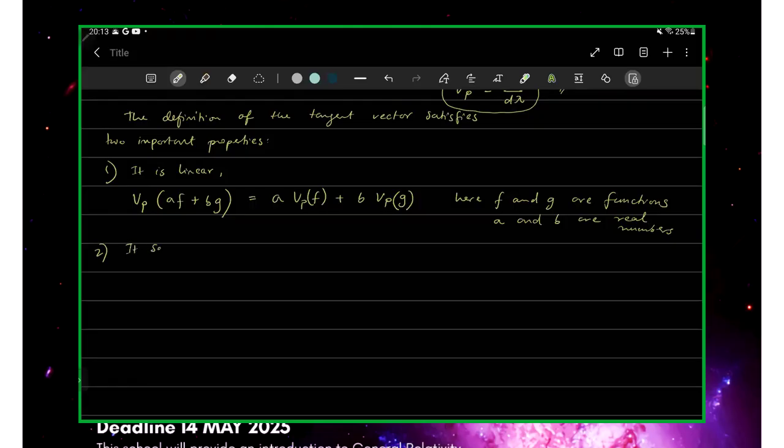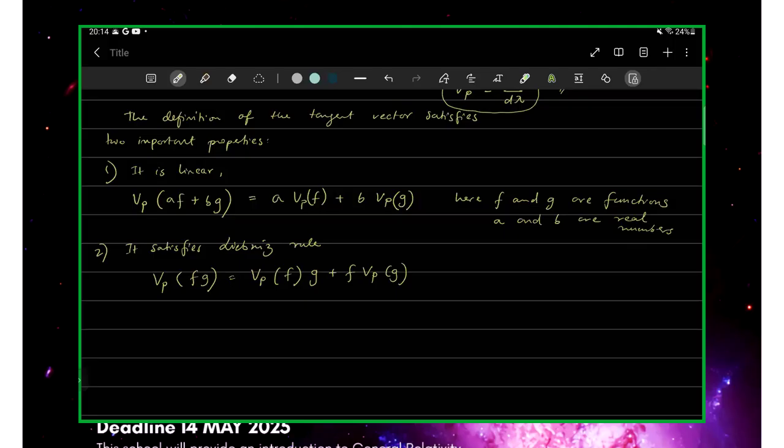But it satisfies the Leibniz rule, where it basically means that if you have VP acting on a product of functions, this would act on one of them while leaving the other one, and then act on the other one and leaving the previous one alone. So this is essentially the product rule that we know of derivatives. And since we define VP as derivatives, of course, it abides by this rule.